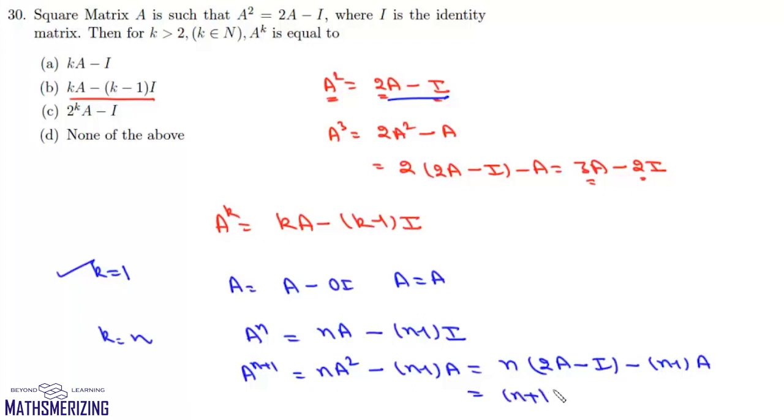So it will be N plus 1 A minus N I. That means this statement is true for K equals N plus 1.